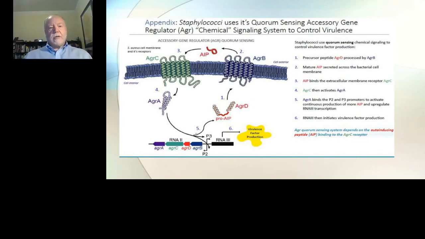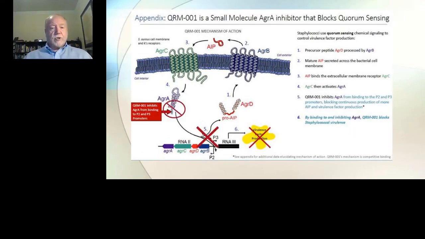Quorum Therapeutics are looking at quorum sensing and how to interfere with quorum sensing, because that's the way in which the bacteria recognize there's something going on or an opportunity to infect, and it can control virulence. And this complex picture shows you what's called an accessory gene regulator that switches on the production of certain virulence mechanisms and toxins. And the folks at Quorum Therapeutics have developed a small molecule that actually blocks a critical part of this quorum sensing pathway, and it blocks what's called the AgrA component.